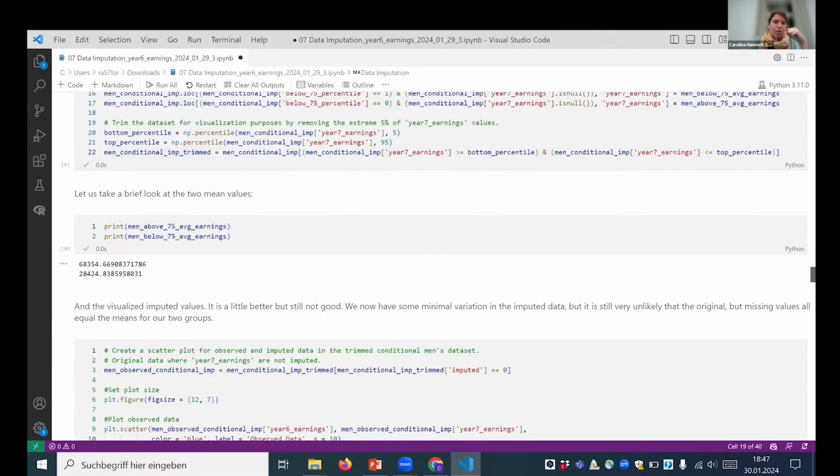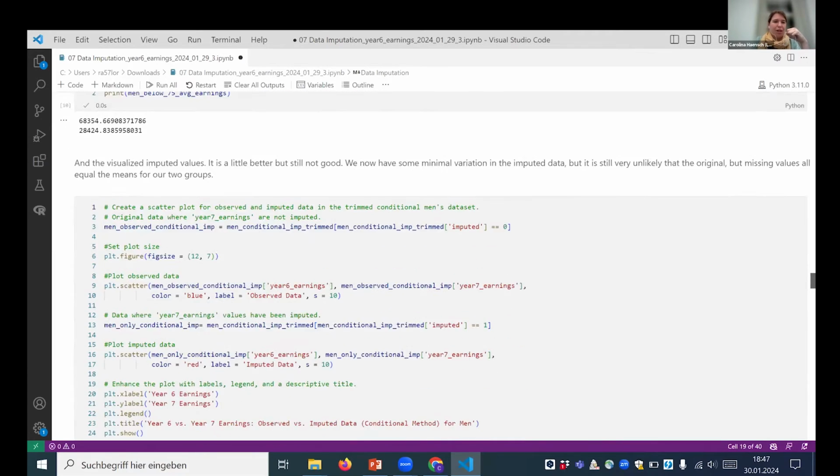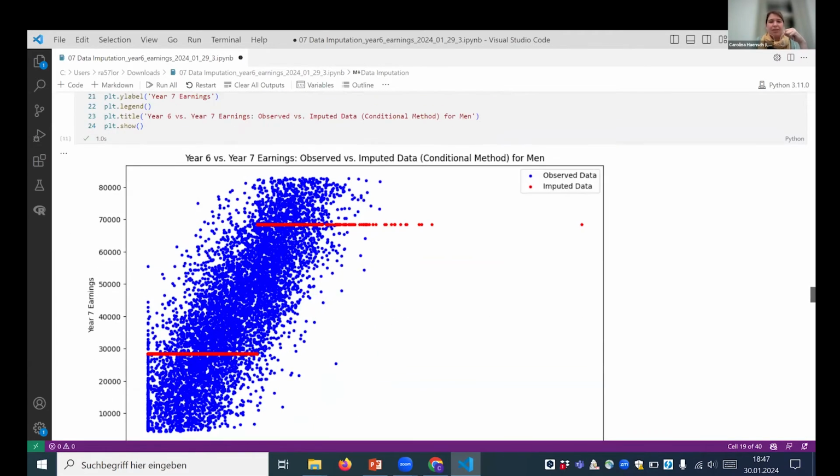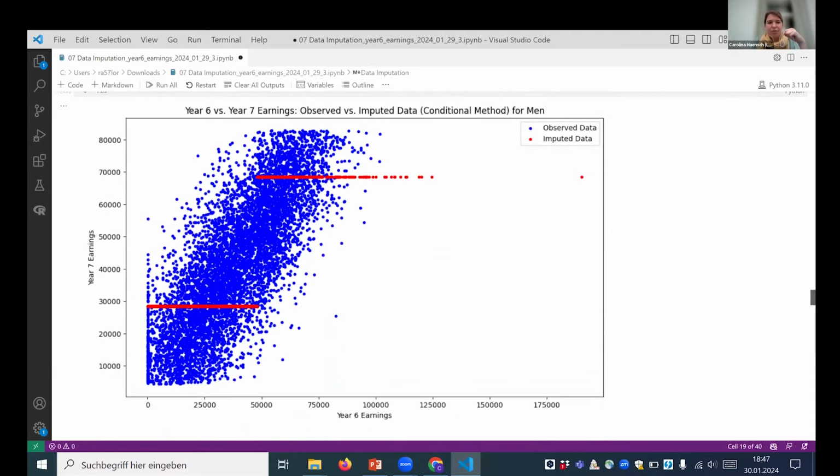And this is already an improvement. I will jump here to the results. And in this case, we decided we will use the year 6 earnings a little more.